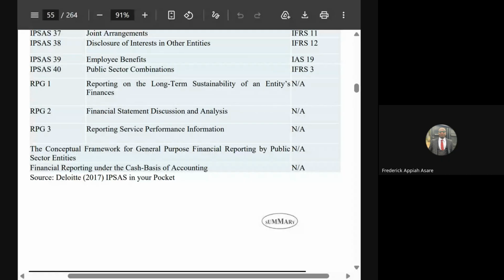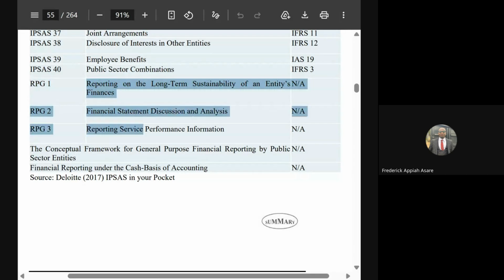Usually they are non-authoritative, voluntary guidance issued by the International Public Sector Accounting Standards Board. Usually they use it to promote good governance, good practices, ensure transparency, as well as offer advice for the long term. So these are not something they are mandated to follow, but they have been established to guide them in the reporting of the standards.